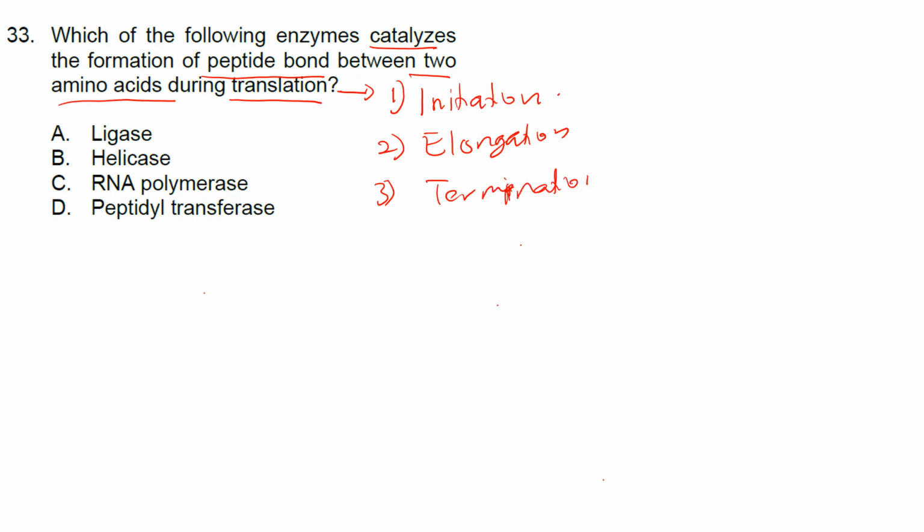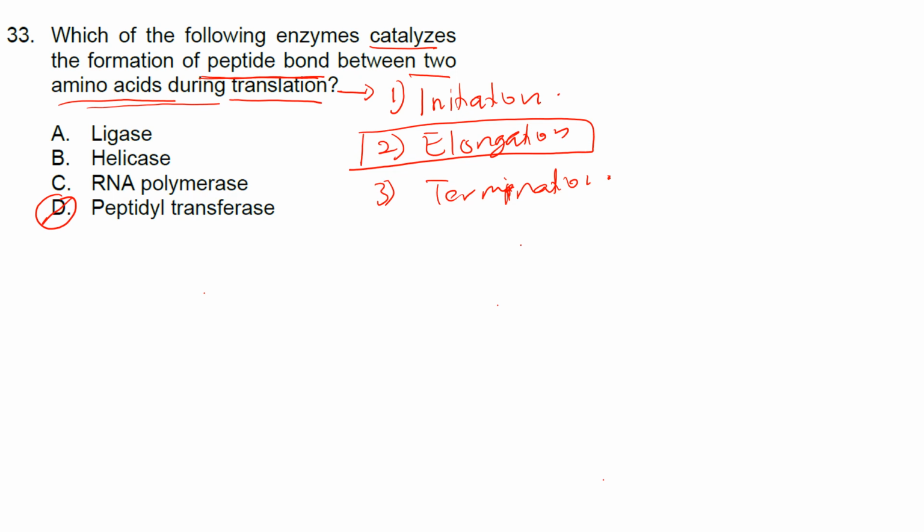The formation of peptide bond between two amino acids occurs in the second stage of translation, which involves the enzyme peptidyl transferase.